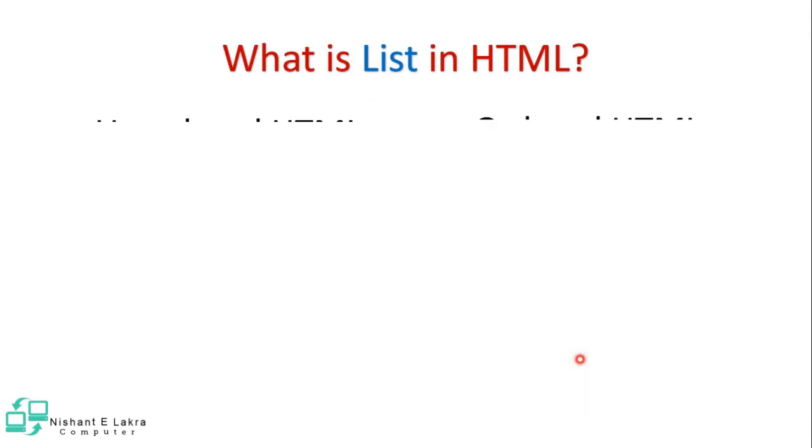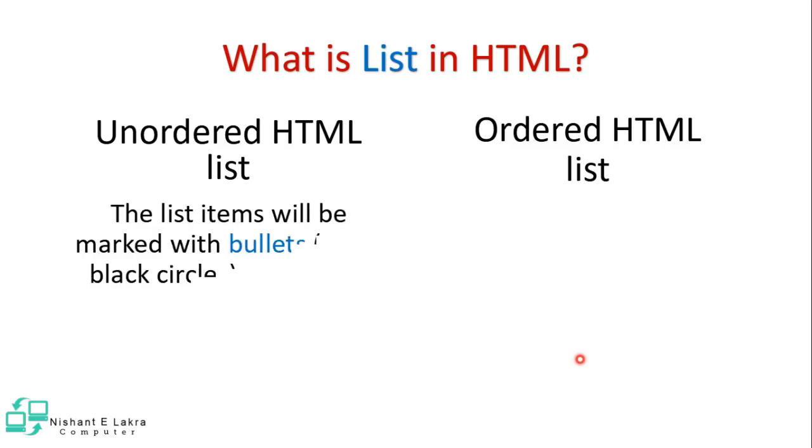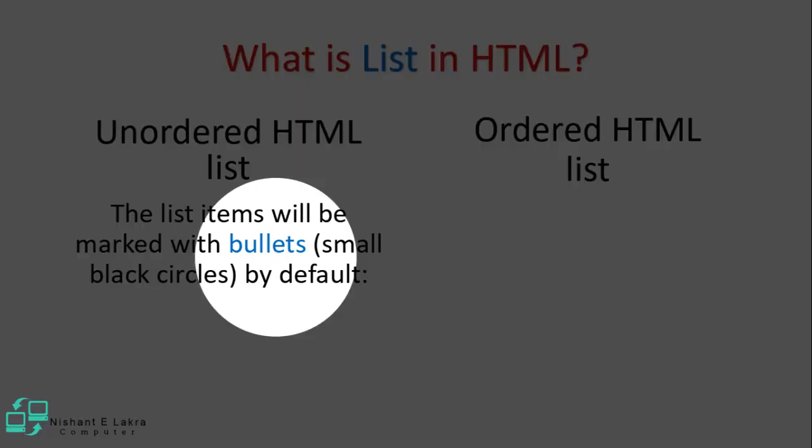Now we'll be understanding about these two common types of list in HTML: unordered HTML list and ordered HTML list. First, let me explain to you about the unordered hypertext markup language list. Now, in an unordered HTML list, the list items will be marked with bullets.